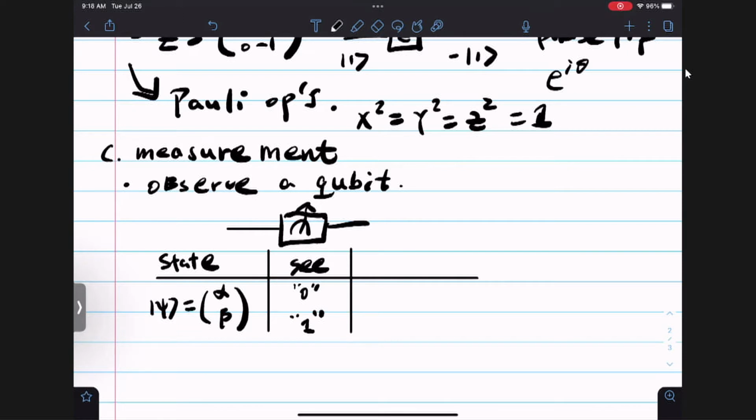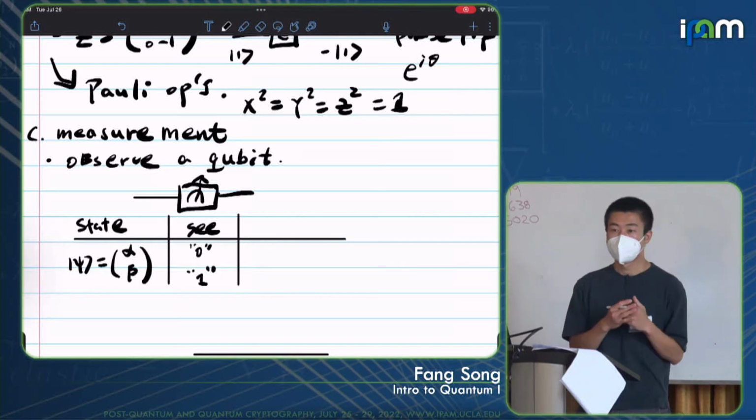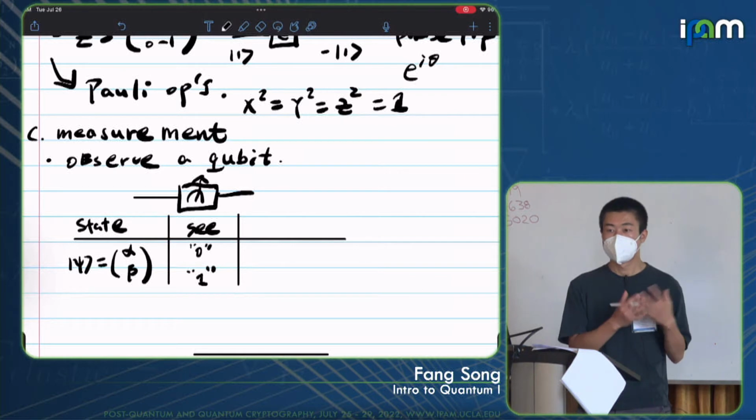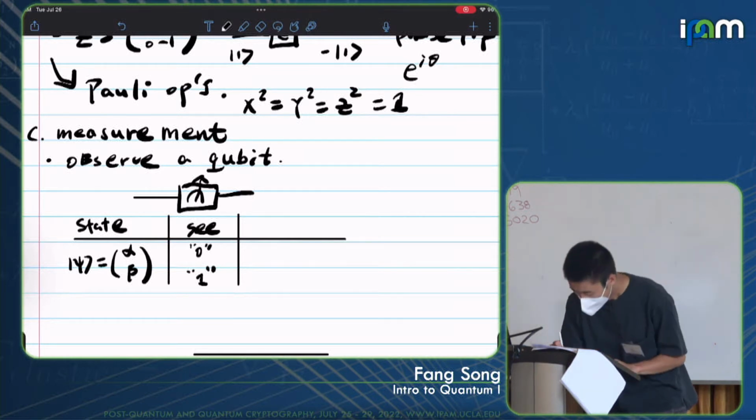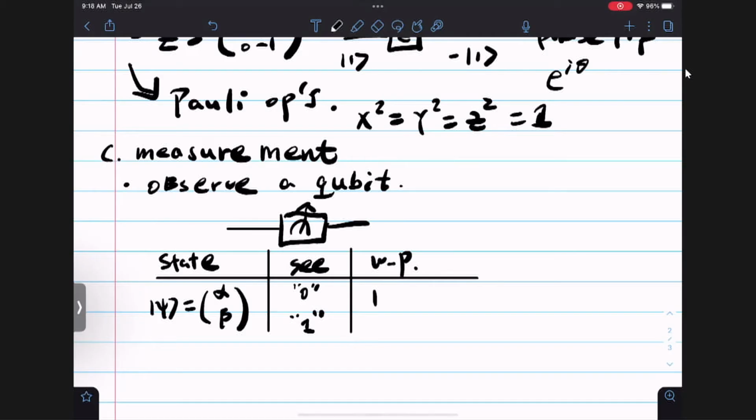And we're going to see them with different probabilities. So what's your guess about the probabilities? Well, they better be proportional to the amplitudes, but we know the amplitudes are complex numbers, they are not probabilities. So the natural choice is to just take the amplitude squared, or rather the magnitude squared, and that's going to be the corresponding probability for observing either 0 or 1.